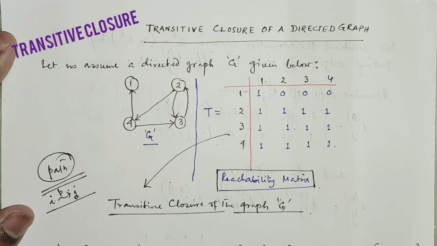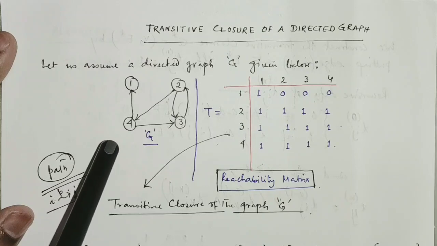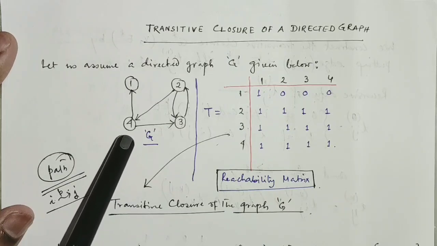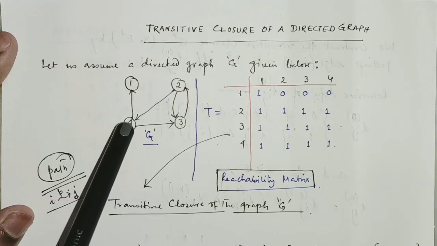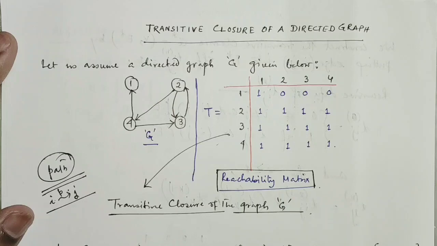Some of the entries will be 0 and some will be non-zero, that means either 0 or 1 in most representations. Here I have not shown the adjacency matrix, expecting that you can easily derive it. Our assignment is to calculate the transitive closure of this directed graph.